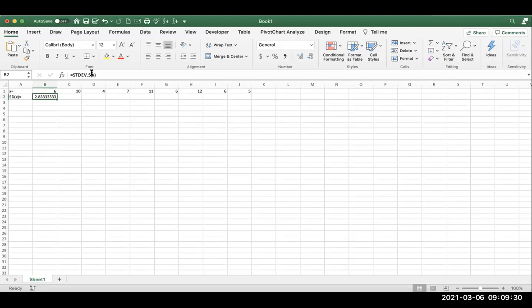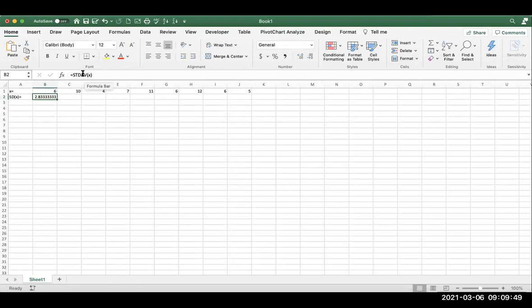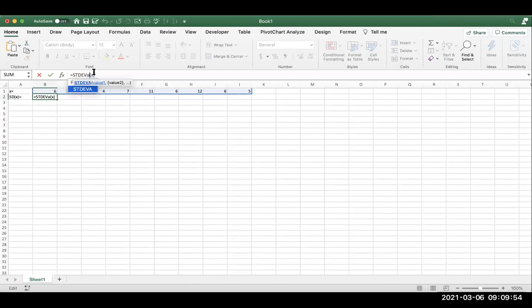It used to be that without the S, in the old version, it gave you the population standard deviation, and the other one gave you the sample standard deviation. So the answer is don't use them anymore. Use the new one where they have the .S. So use the newer version.